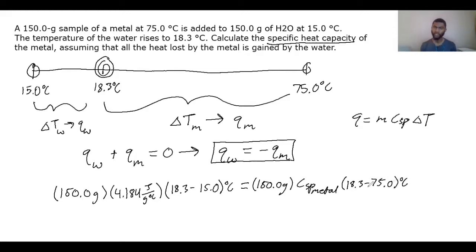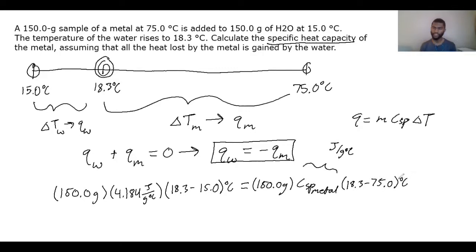Now, what's very interesting is that the units for specific heat capacity are joules per gram Celsius. And so we can see here, we're going to get a value for the specific heat capacity of the metal, but it's important to realize that we've got grams here, and we're going to cancel grams in terms of units.